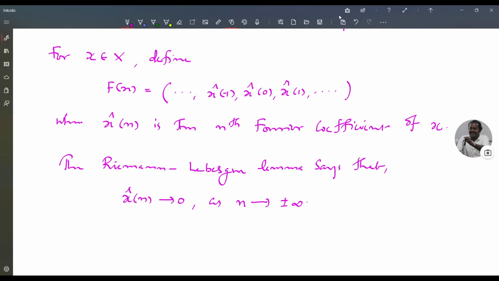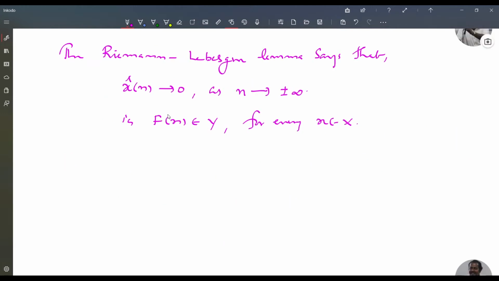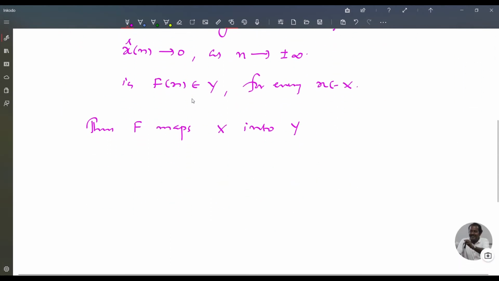That is, f of x belongs to Y for every x in X. Thus, f maps X into Y and f is linear.